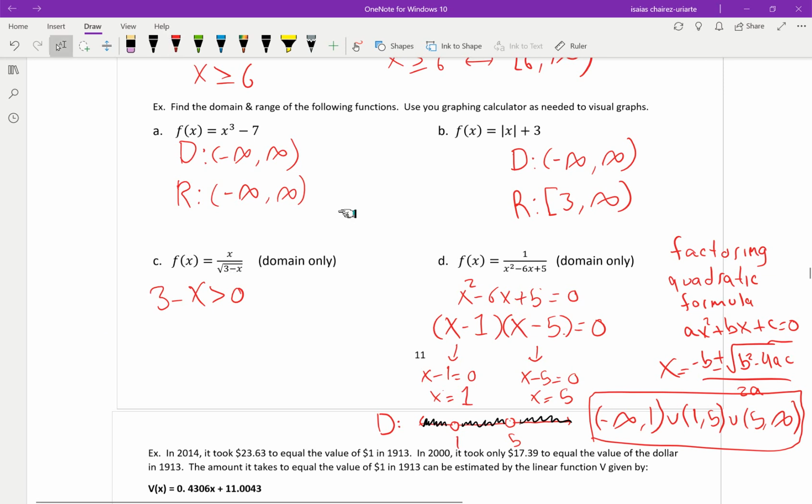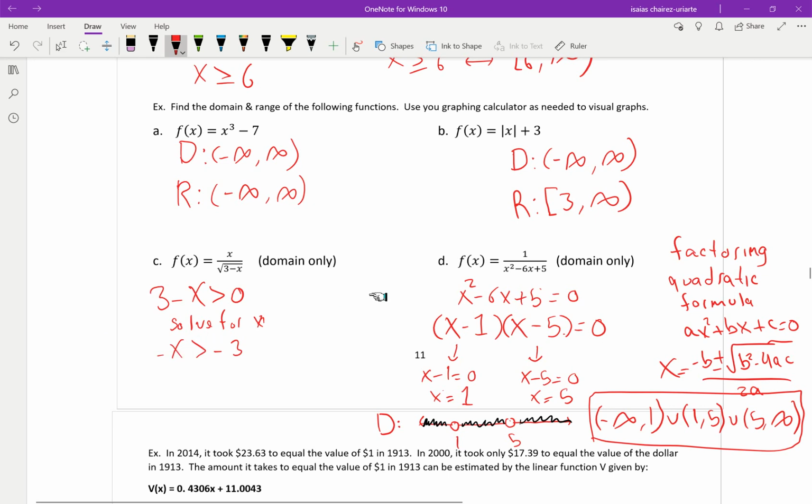Okay, so now let's solve for x. I'm going to subtract 3 from both sides, so that looks like this: negative x is bigger than negative 3. And now I want to solve for x. So how do I get rid of this negative right here? I'm going to multiply both sides by negative 1. But remember, if you multiply both sides of an inequality by a negative, that flips the inequality sign.